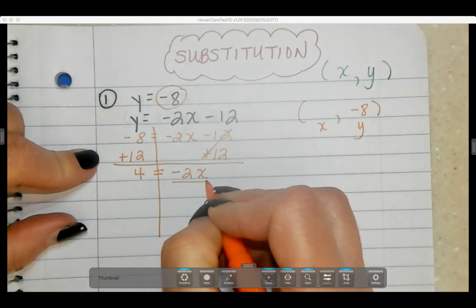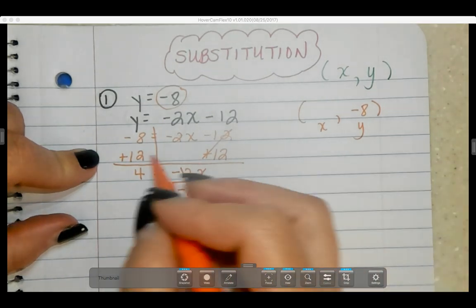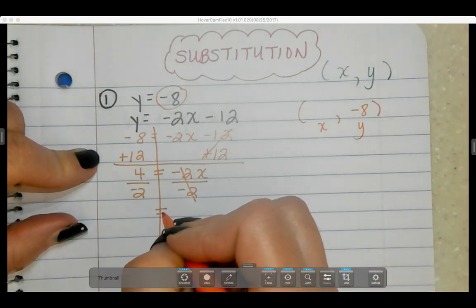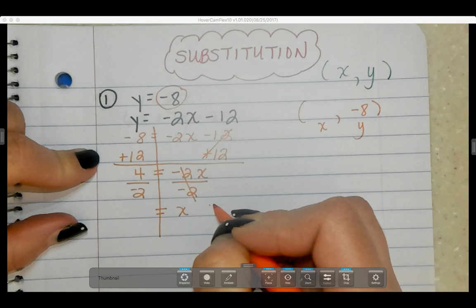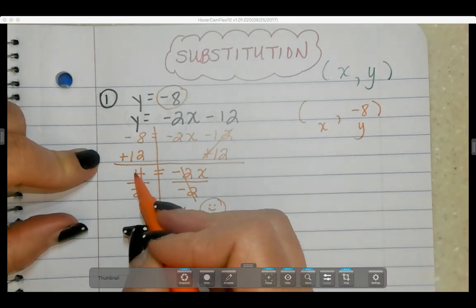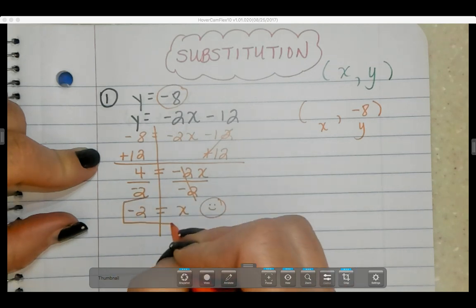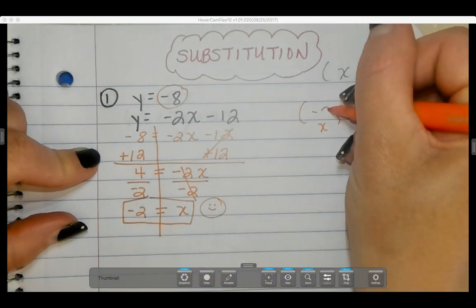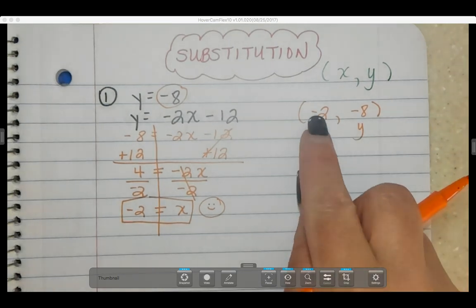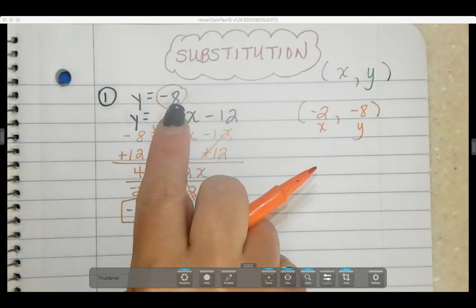You do the opposite and divide by that -2. Cancels. Divide by -2 over there. X is alone, and he's happy about that. And you have to solve 4 divided by -2, which is -2. So the other half of that ordered pair, or that solution for that system, is x is -2, and y was -8, and we knew that from the beginning of the problem.